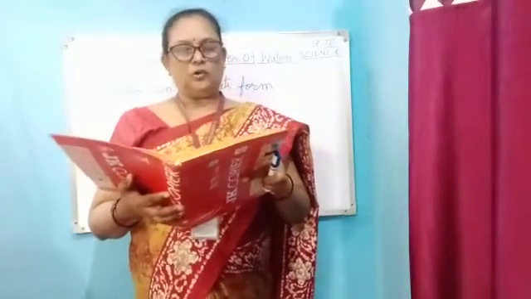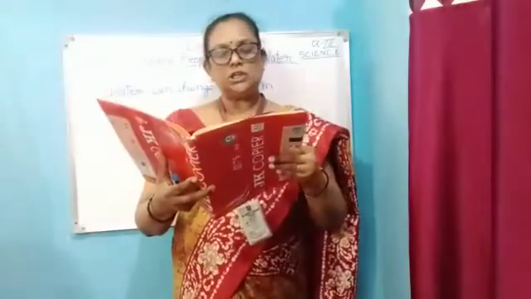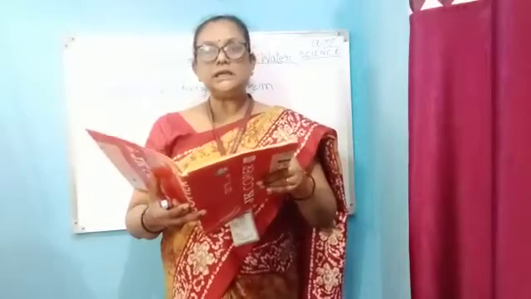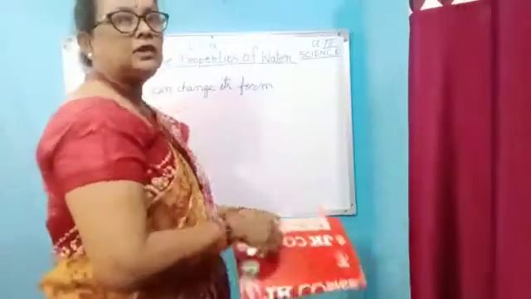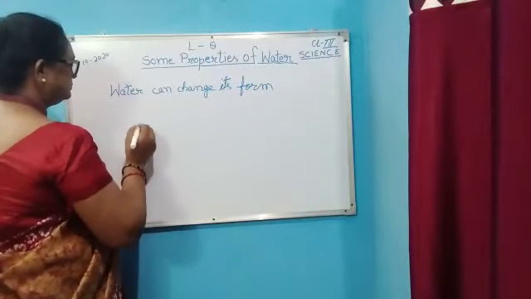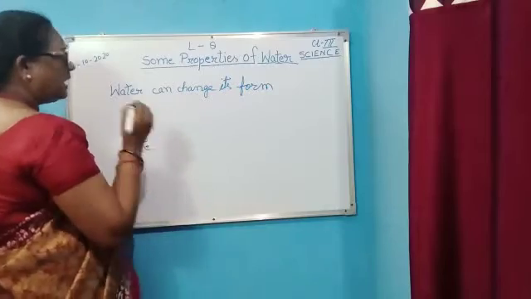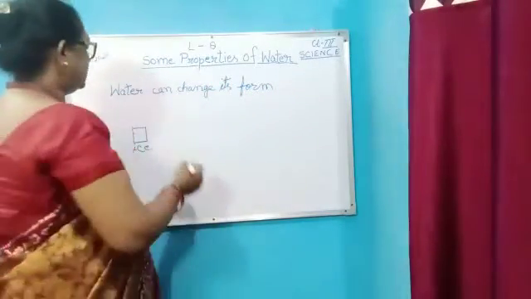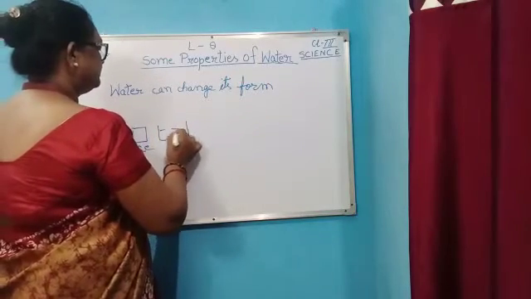Solid form of water, that is ice, changes into liquid form water on heating, which is called melting. When we take an ice cube, this is an ice cube, and when we keep it out of the fridge, it will change into water.